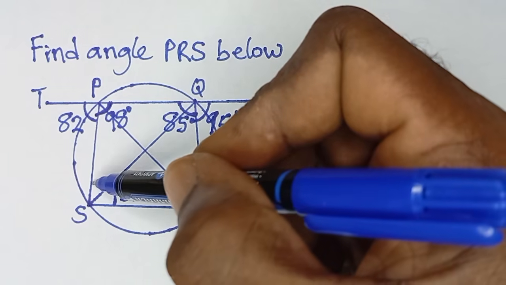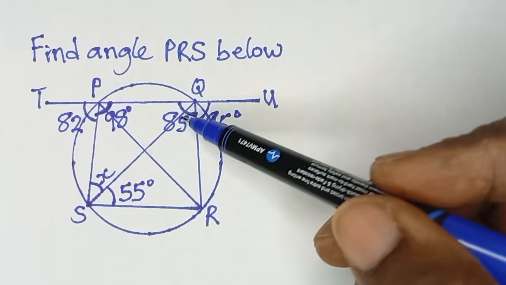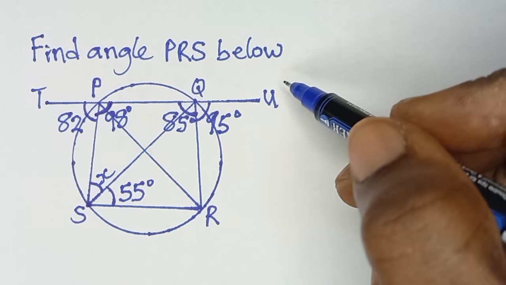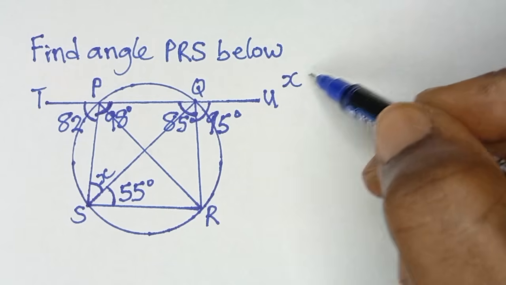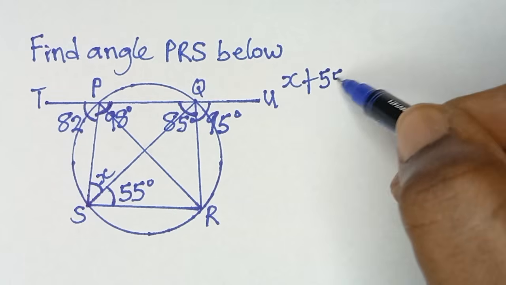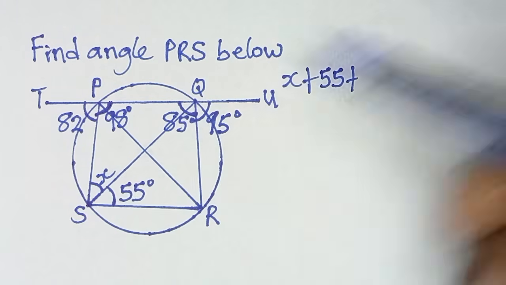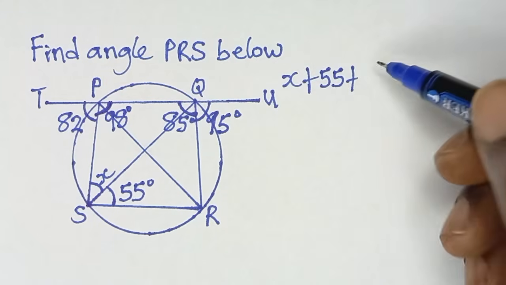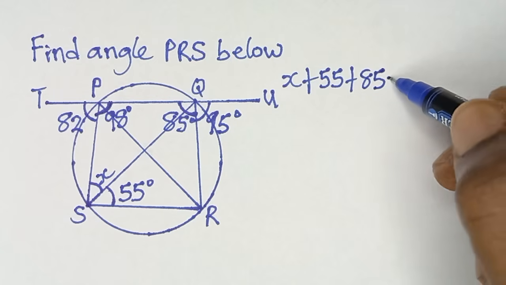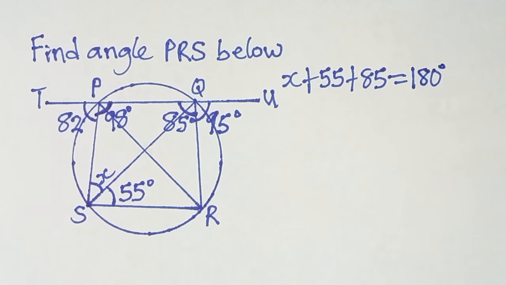So let me take this angle as x. Now, if you check these two angles, the sum of these two angles should add up to 180. So we have x plus 55, that is the whole of this angle now, and then plus this opposite angle, which is 85. And everything should be equal to 180 because the two angles are supplementary.